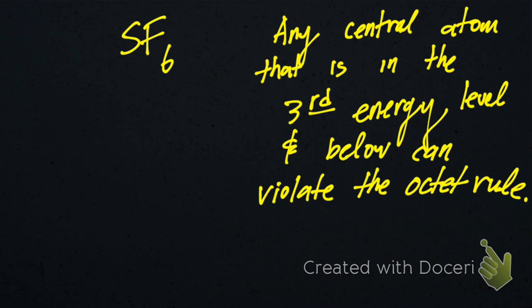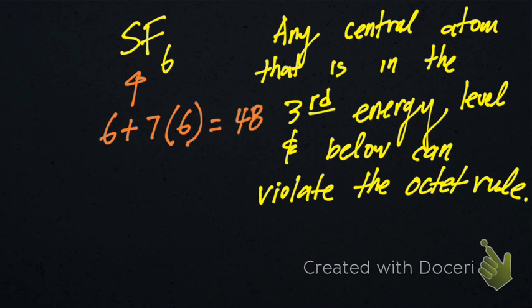So let's just do this with SF6 really quick. Sulfur, let's count the total valence electrons: 6 plus 7 times 6, 48. We're going to add sulfur smack in the middle, and 6 fluorines. I want you to think of it as straight up and straight down. You don't have to, you just have to spread them out evenly.